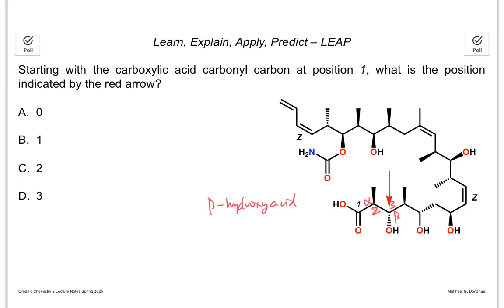If I restart numbering, I'm at the beta carbon now. If I start that as 1, and then I count over 1, 2, 3, there's another alcohol. Then I count over 1, 2, 3. Then I count over 1, 2, 3. Whoop, what happened?